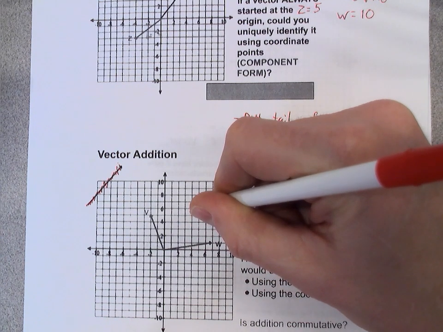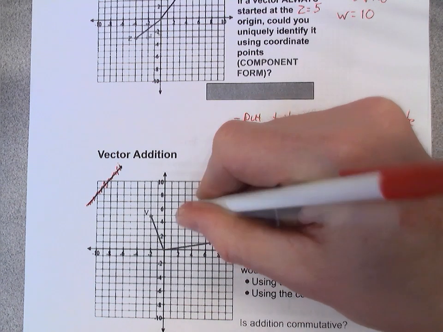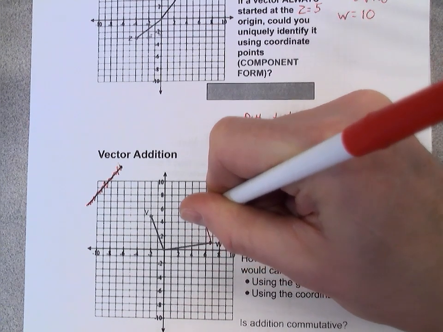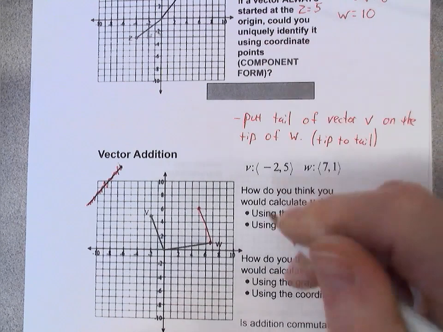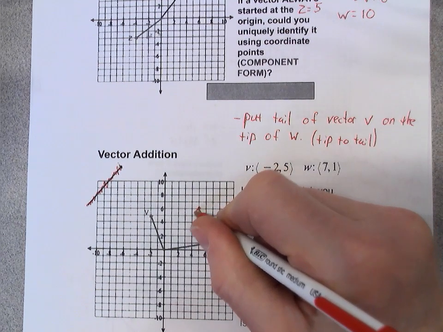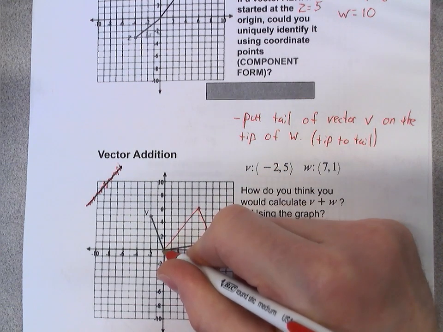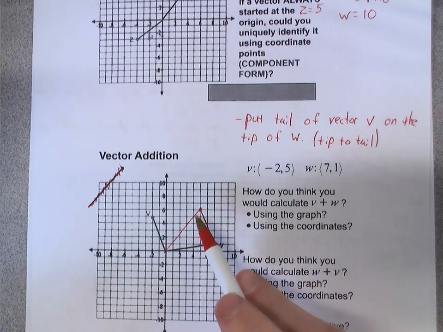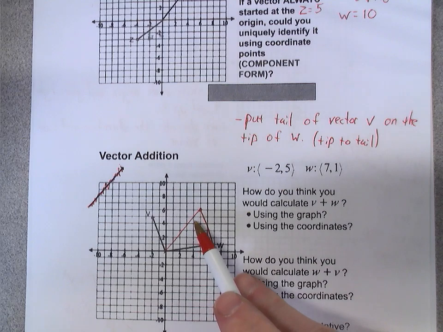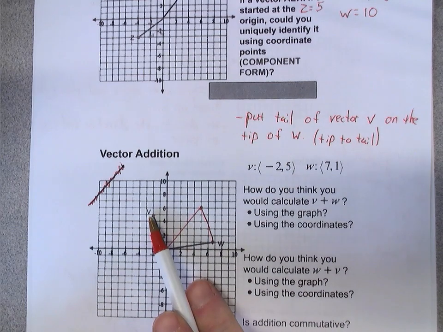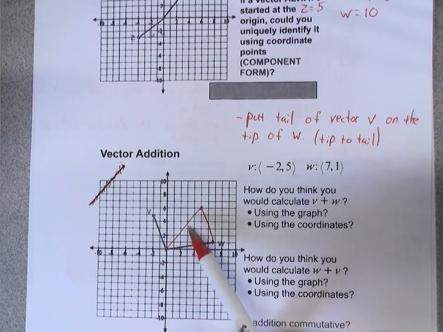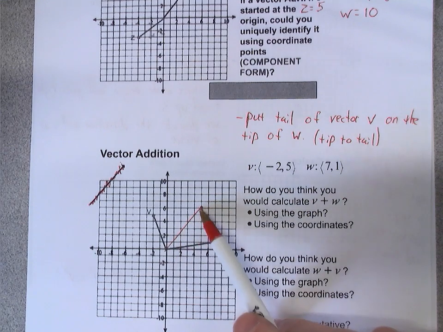And I believe that lines up, yep, because it's at 6. So I could do that, and now I can draw a line here. This line would represent the vector that we would get if we added vector v to vector w. So this is a really easy graphical pictorial way to do this.